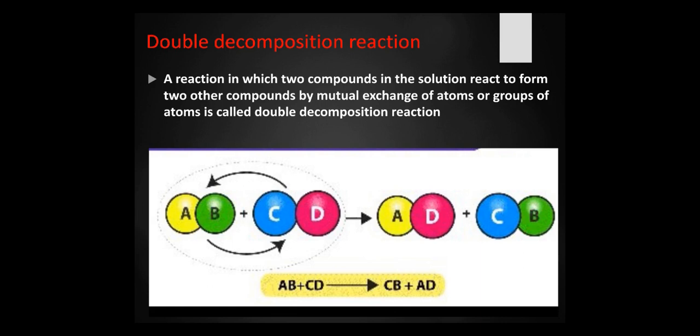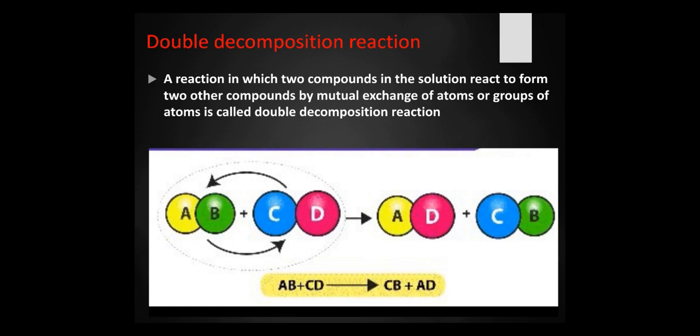As you can see, it can be represented by AB plus CD. Here these two are the compounds, and after the reaction they exchange their groups of atoms and displace each other, and they form new compounds like AD and CB.